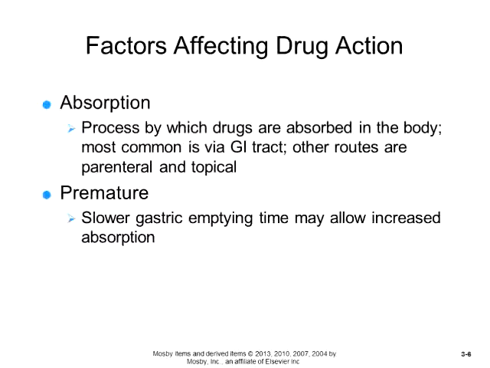So we send a lot of things by PO route, but other routes include the parenteral and topical. As far as age goes, pediatric and geriatric patients really require special considerations for their medication administration. In premature infants, the slower gastric emptying time may allow increased absorption.